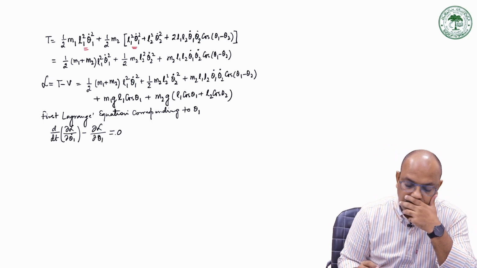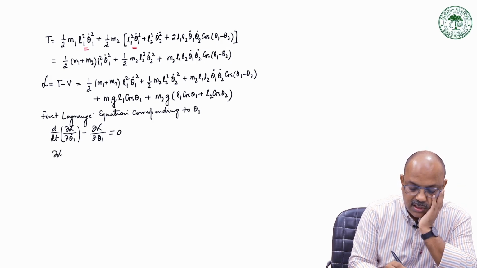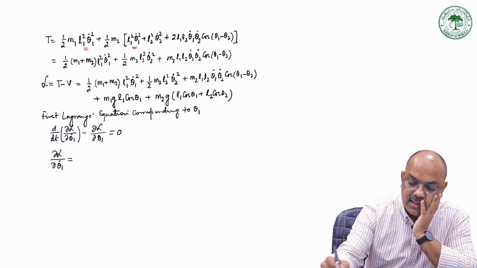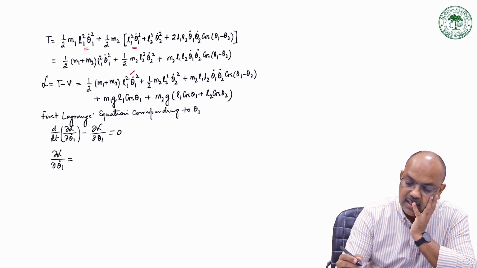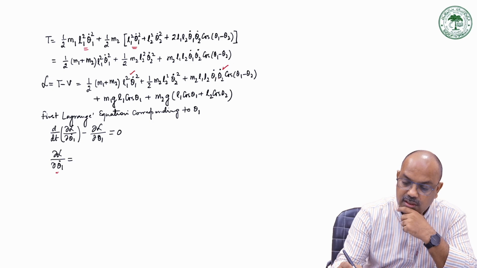Okay. So I have to find delta L by delta theta 1 dot. If I concentrate here, I have theta 1 and theta 1 dot, so I have to look for theta 1 dot. So theta 1 dot is here.